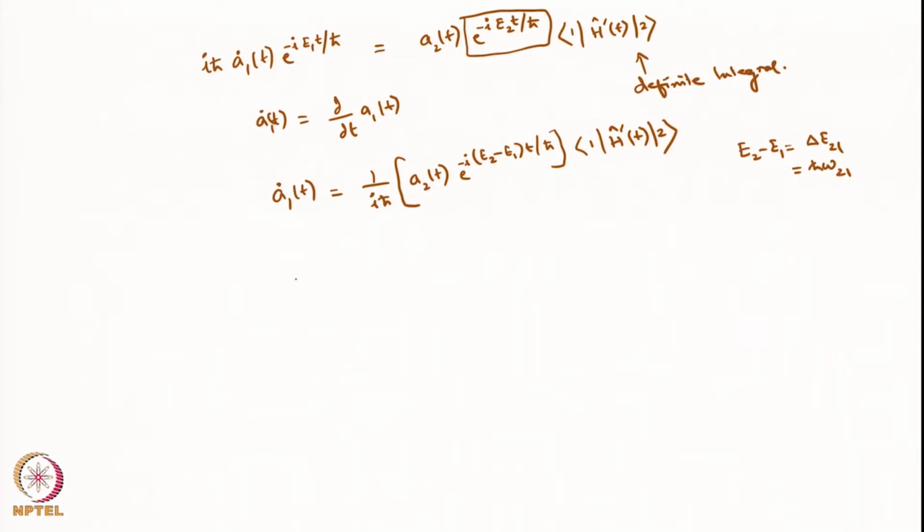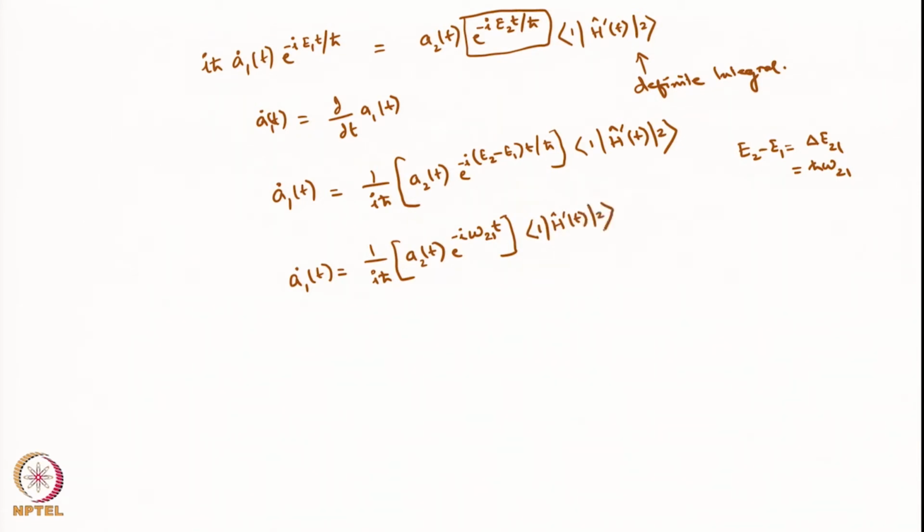If I write it that way, then I get A1 dot of t is equal to 1 over i h bar times A2 of t e to the power of minus i omega 21 t, because this h bar and that h bar will get cancelled, times the integral of 1 H prime of t 2.